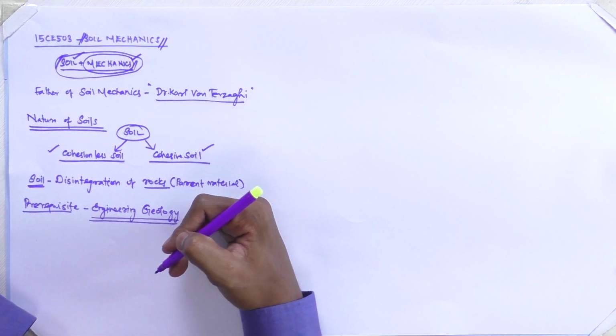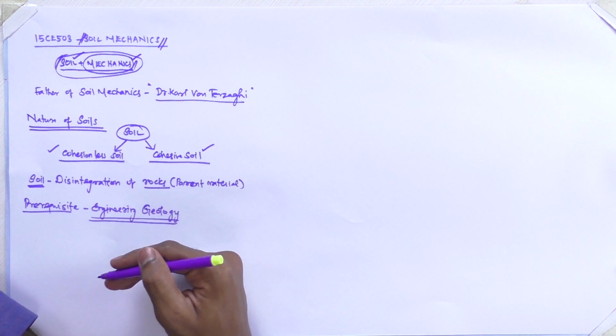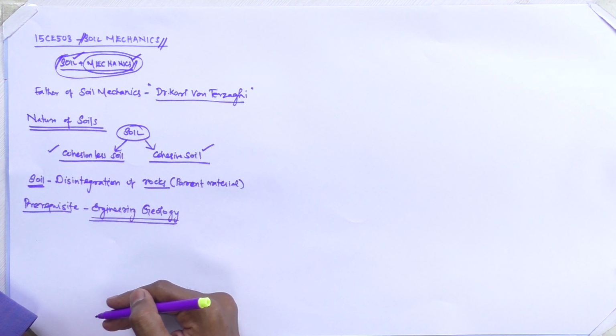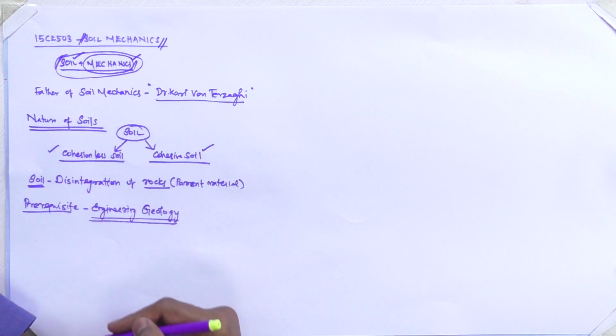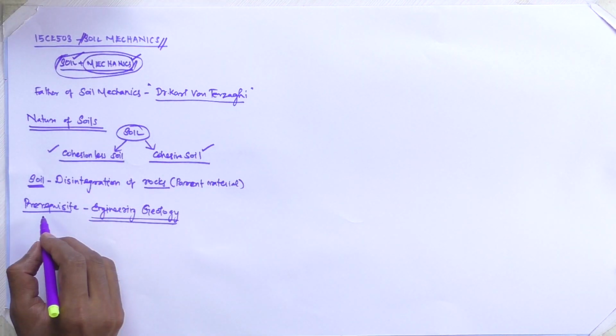It is a prior course to soil mechanics. The flow will be engineering geology, soil mechanics, foundation engineering, then ground improvement techniques, geo-environmental engineering. Like that we have four or five subjects dealing with soil. So engineering geology is a very important prerequisite subject.